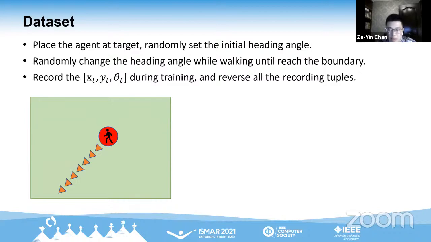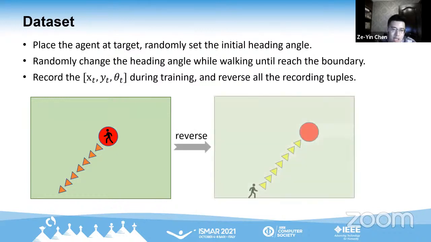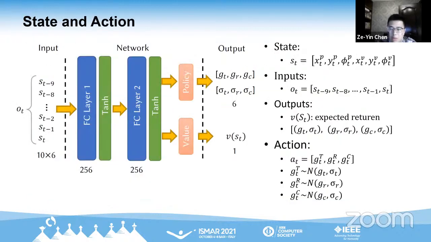The process is stopped when the agent reaches one of the boundaries. By reversing the order of the values recorded during the walking, a target path is obtained from the boundary to the target. The state at each moment is a 6-dimensional vector consisting of the horizontal and vertical coordinates and the heading direction of the corresponding agent in real and virtual space.